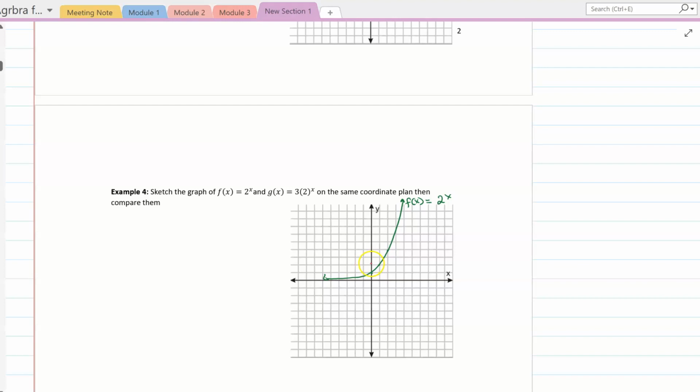Okay. So start here with 0, 1, 1, 2, 2, 4. So at x equals 0, g of x is then equal to 3. At 1, we get 6. And at x equals 2, 4 now becomes 12. So this graph of g of x is going to look like this.